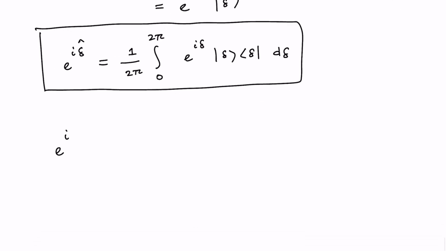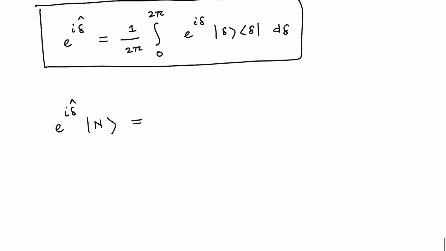Here I now use e to the power i delta operating on this number ket n. From this expression, I have 1 by 2 pi 0 to 2 pi, okay, e to the power i delta ket delta bra delta, and this is operating on this number ket n.